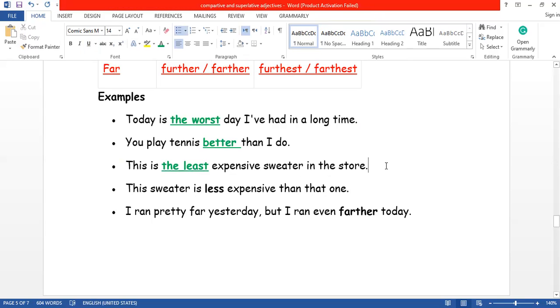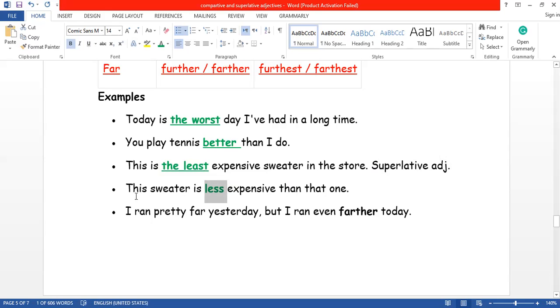So here, this is superlative adjective. This is the contraction of the word adjective. We had to add a dot here. Okay, so here it's a superlative adjective, and here it is less. This sweater is less expensive than that one.